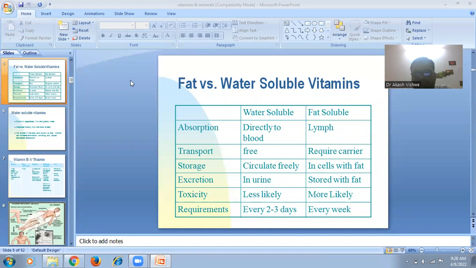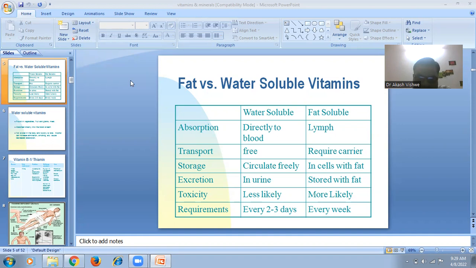Fat versus water soluble vitamins. So what are the basic differences between these two types of vitamins? First, when we talk about absorption, the water soluble vitamins are absorbed directly into the blood, but the fat soluble vitamins are absorbed into the lymph. Water soluble vitamins are transported freely throughout the body, and fat soluble vitamins require some carriers for transport.